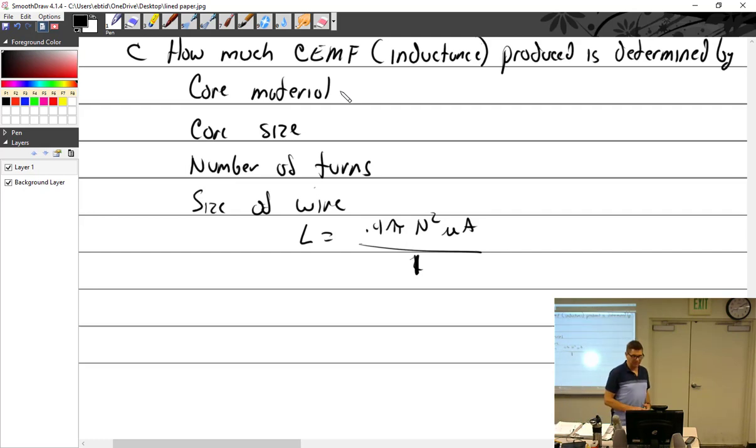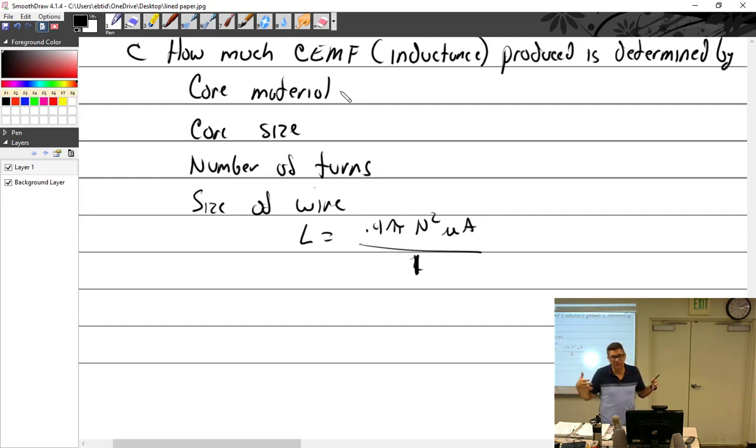Permeability. What's permeability? How malleable it is. No, it's something's permeating it. Magnetic lines of flux. How penetrable? Yep. As the ease with which magnetic lines of flux can penetrate the material. So these magnetic lines of flux can permeate the core.